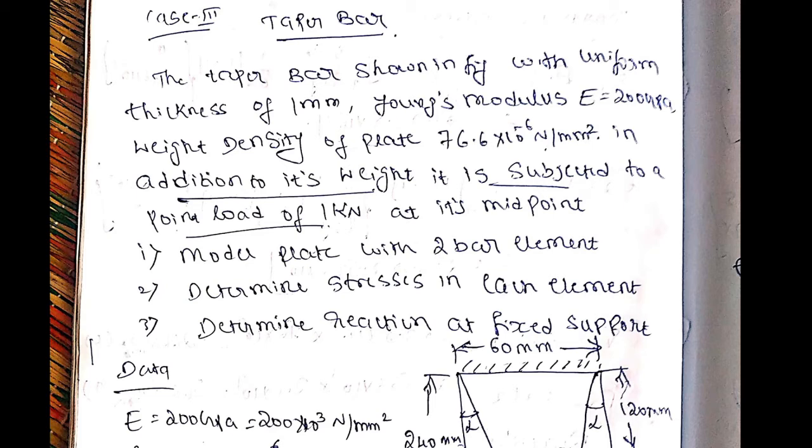Weight density is 76.6 into 10 raised to minus 6 Newton per mm cubed. Full stop. In addition to its weight, it is subject to a point load of 1 kilonewton at its midpoint.